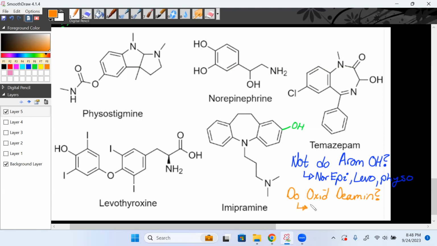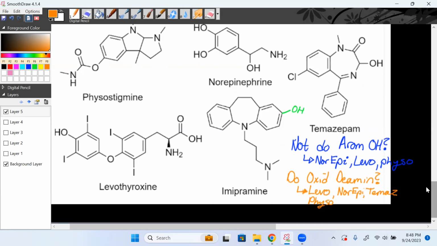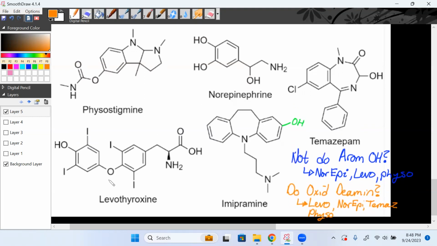So I see levo, I see potentially norepi, I see someone said maybe temazepam, I saw physo pop up. I think the only one we're missing is imipramine. So let's talk about these.